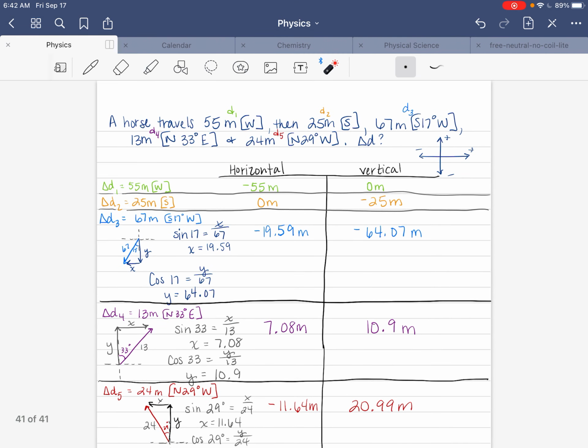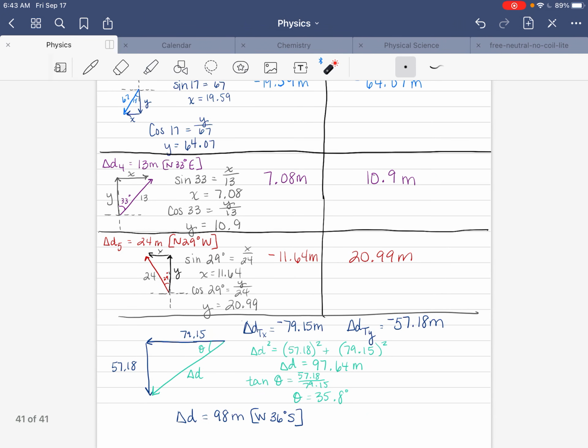When I look back at the problem, I have 2 sig figs, 2 sig figs, 2 sig figs, 2 and 2. So I'm going to report my answer to 2 sig figs, which I did. The displacement magnitude is going to be rounded up to 98, and then the direction, we're going from the west border south 36 degrees, so that is how I reported it.